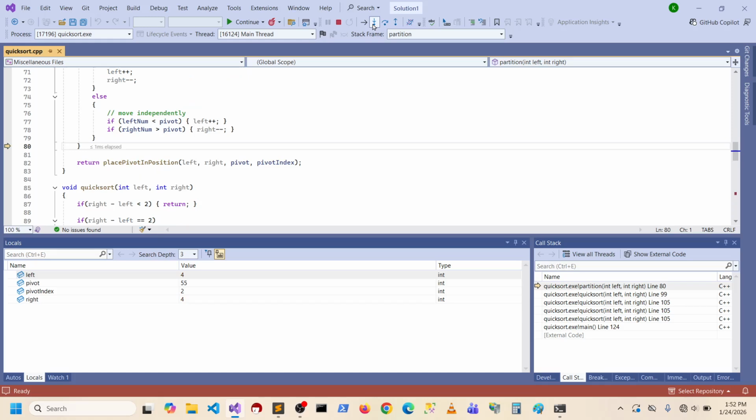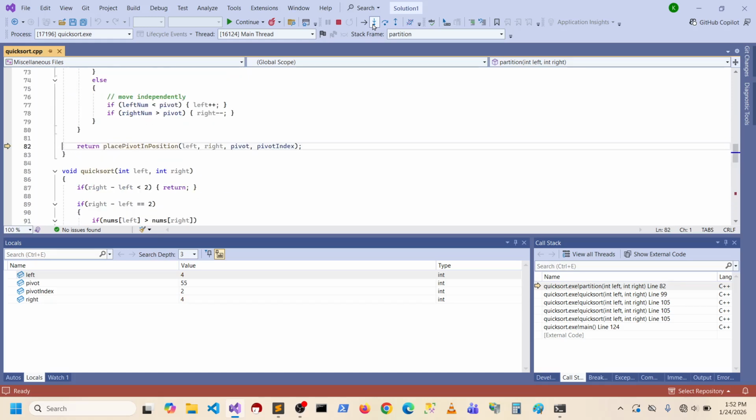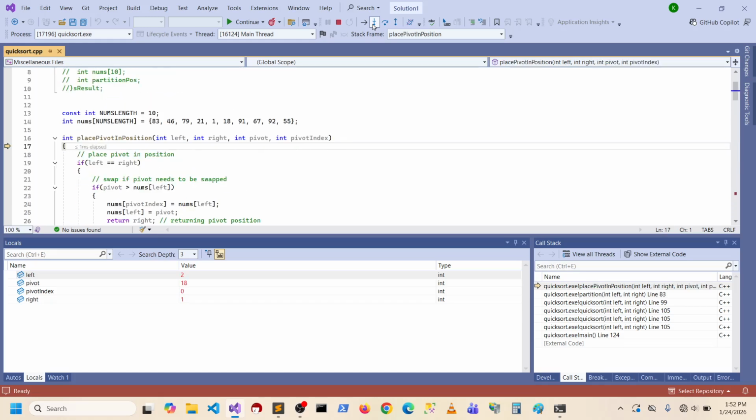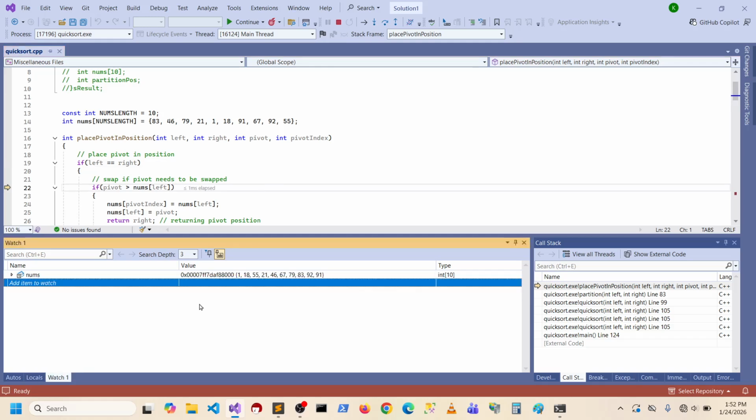Now they're tied. Place the pivot. So 46, it's greater than that, so they swap.